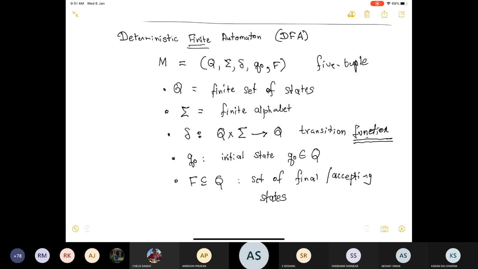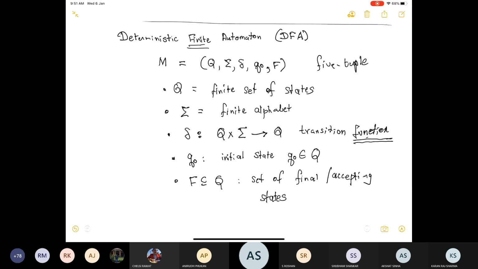So for every state q and every letter, symbol a, there must be a state delta(q, a). That's what I mean, because this is a function. And given a state and a symbol, there is exactly one new state.